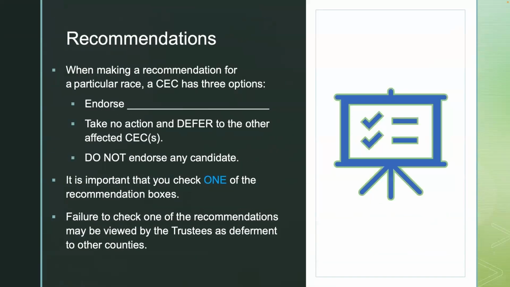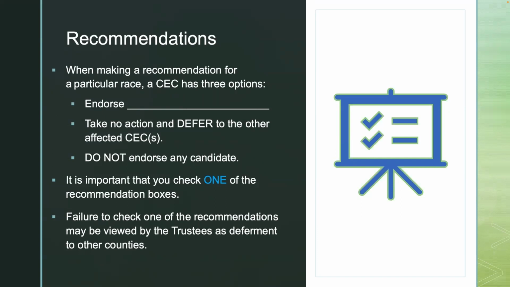Now, once you've evaluated the candidates and used the various tools and resources at your disposal, once you come to the point where it's time to make a recommendation, you have three options, and you will be sent a form, and we will show you a sample form in just a moment, but you will have a form to fill out with three options.